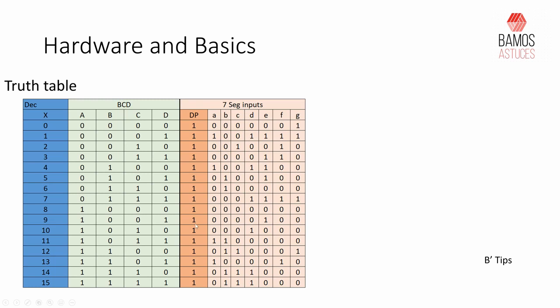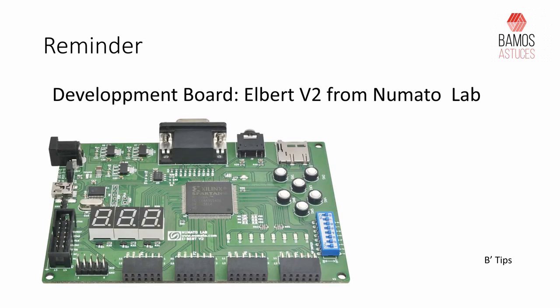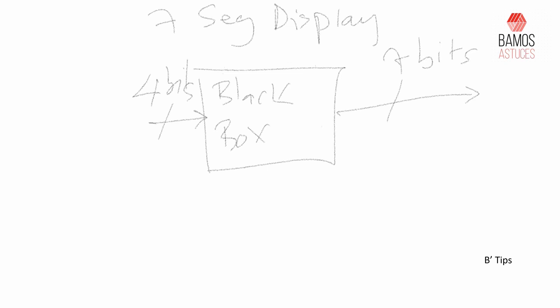In general, when you design such a system, you always start with a small drawing. In your drawing, you show your inputs and your outputs. Here we have 4-bit inputs and 7-bit outputs, and actually we only have 7-bit outputs because I already know that the 8th output is just set on 1.